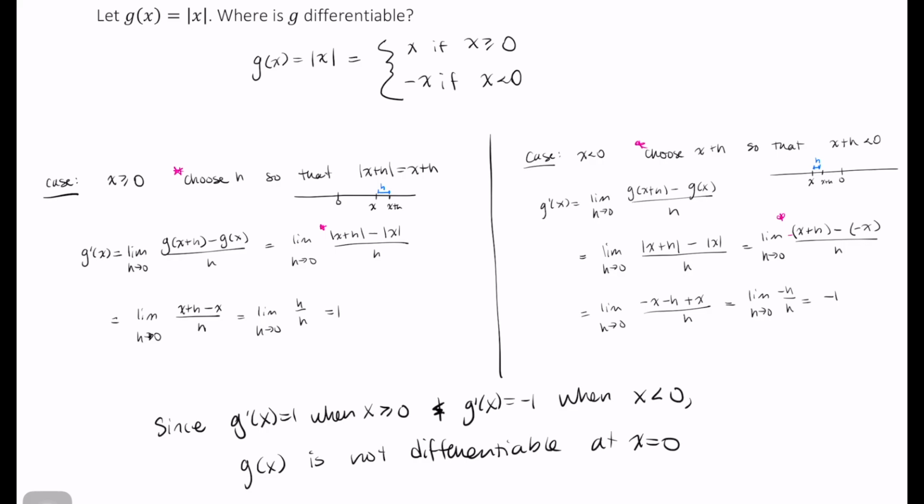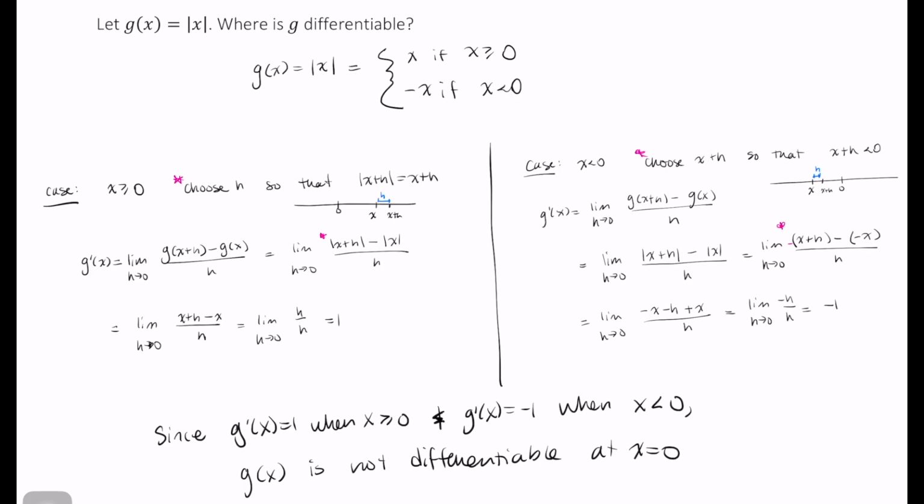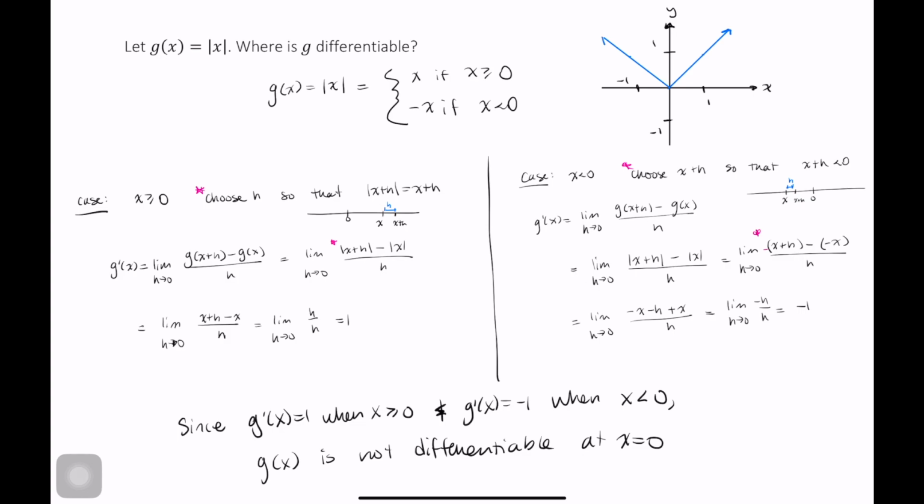So now I want to wrap up just by looking at the graph of g and the graph of its derivative. Okay, so this is g of x equals the absolute value of x. Now, when x is greater than 0, we worked out that its derivative is equal to positive 1.